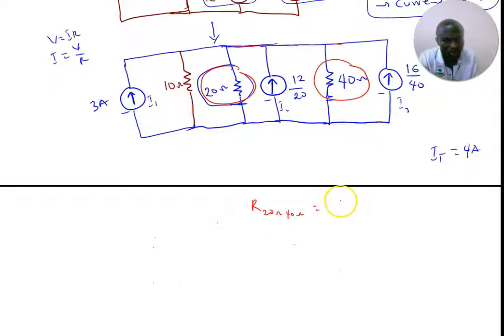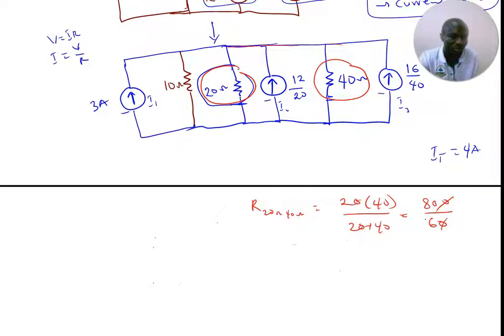It's going to be 20 times 40, all over 20 plus 40. And this is going to give us 800 on 60. So 800 on 60, and this is what we get.